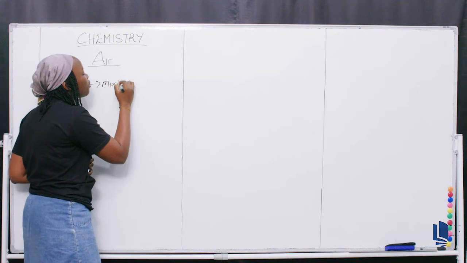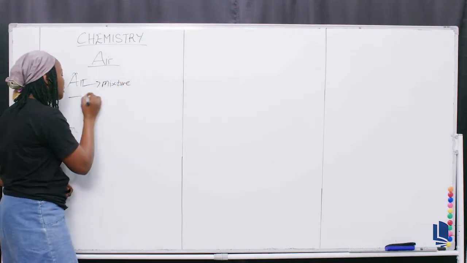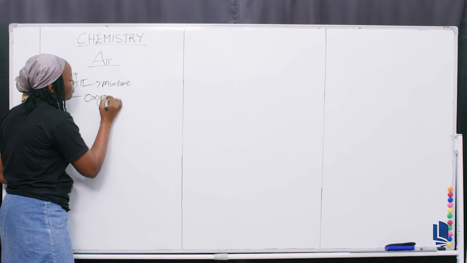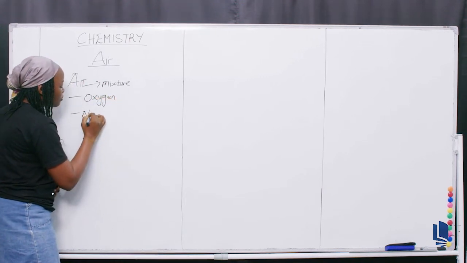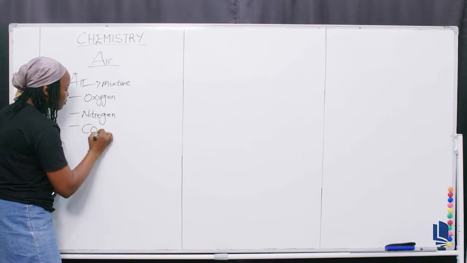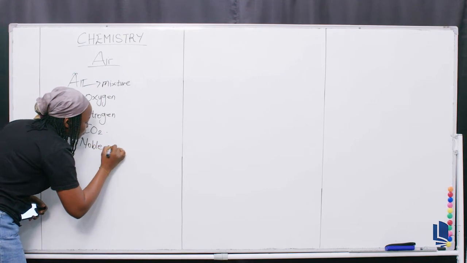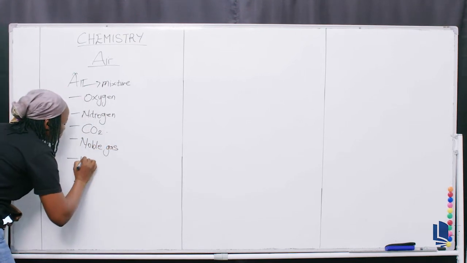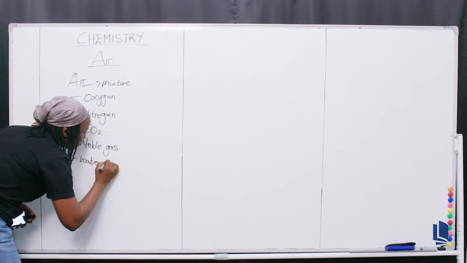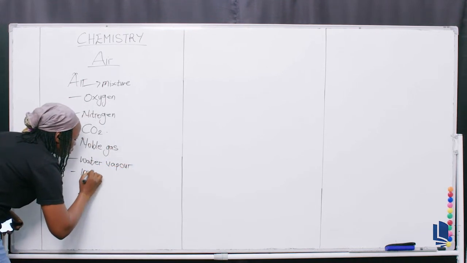Air is a mixture that contains some elements, which are oxygen, nitrogen, carbon dioxide, noble gas, water vapor, and impurities, depending on the location.